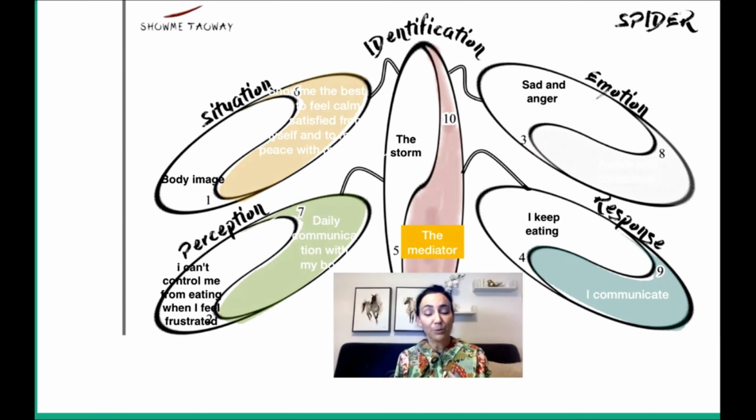Now, when we're done with this process, I said that number 5 and number 10 are the most important part here. The whole process was in order to find the two voices, the two beliefs that contradict each other, the two places that we have within us, the yin and the yang, the female and the male, the black and the white, the inner child and the responsible me.